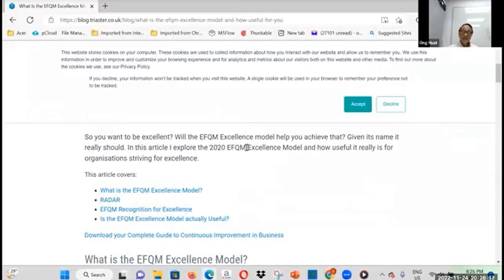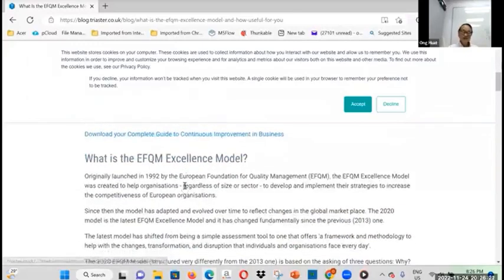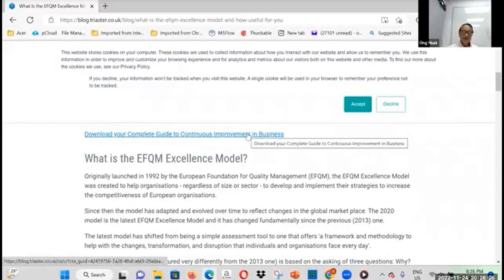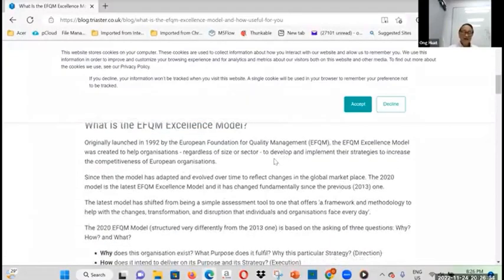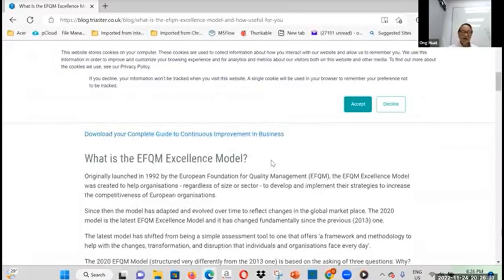EFQM excellence model. So what is this here, right? The meaning is just like this. It is just a standard by certain countries, and more often than not, it is the European countries. So we know a little bit like this because this model, we are reading a UK diploma, right? So we need to know what's happening in the UK.